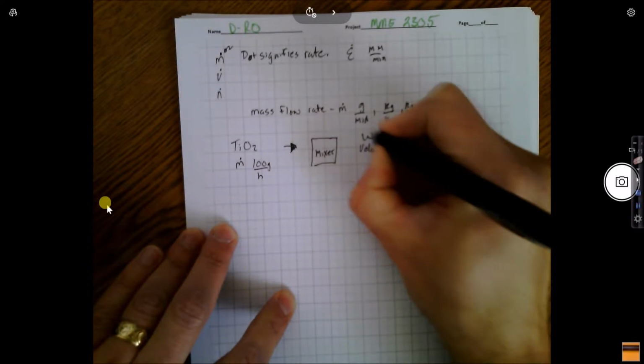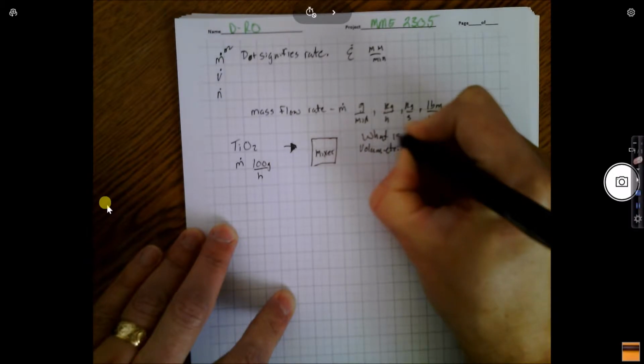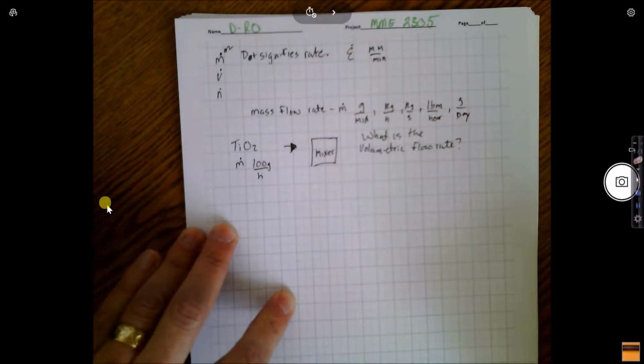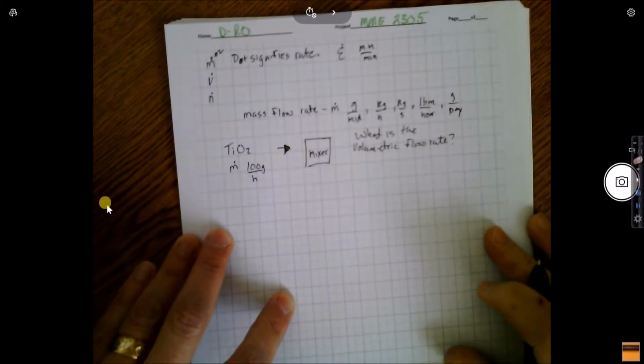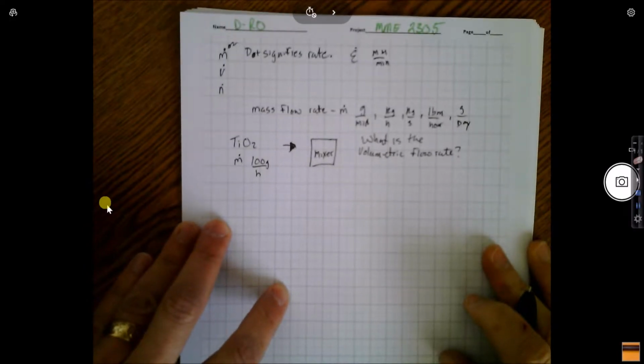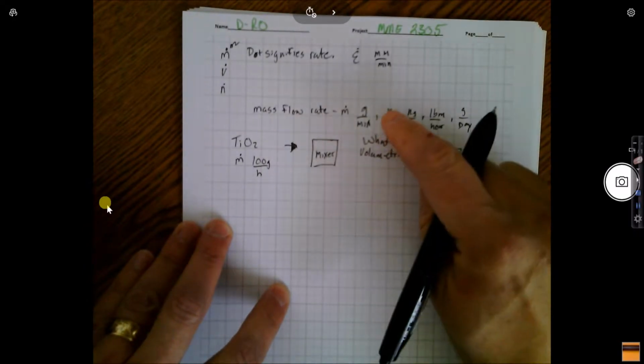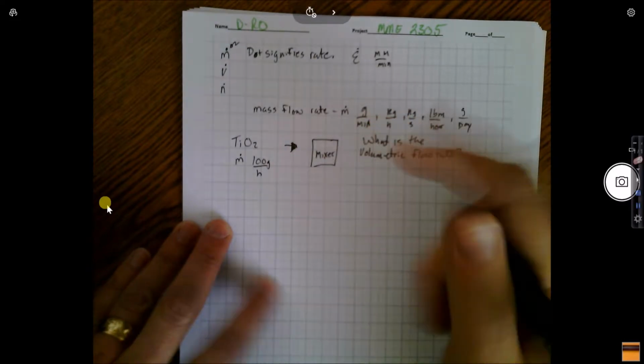Well, we see that mass flow rate is given in terms of mass per time.